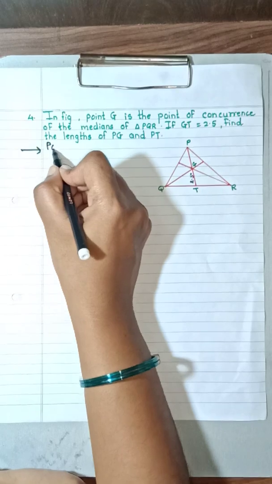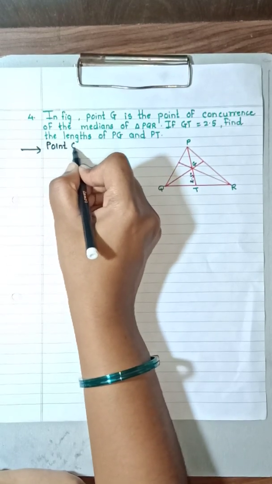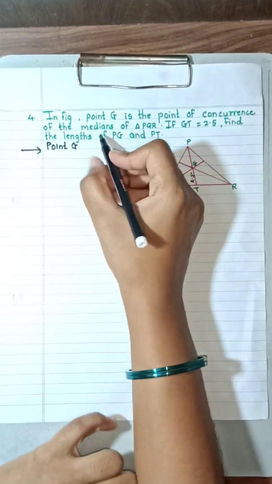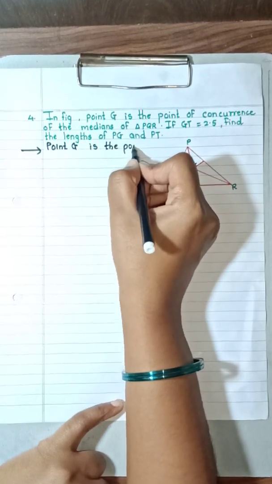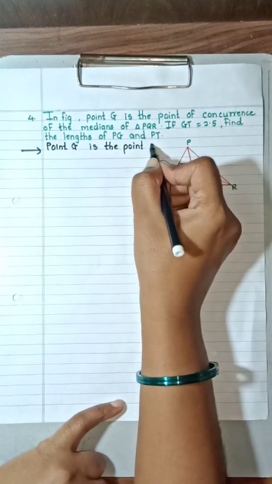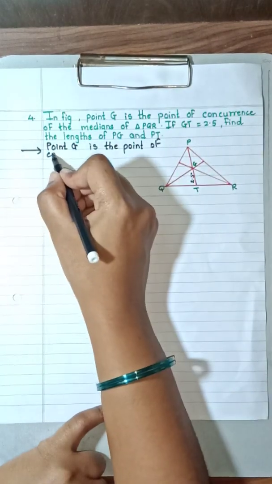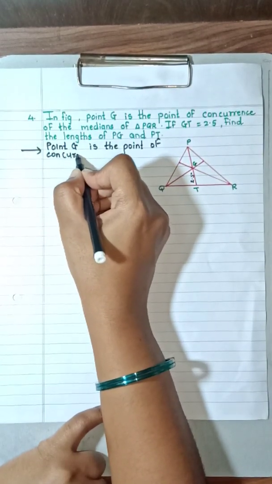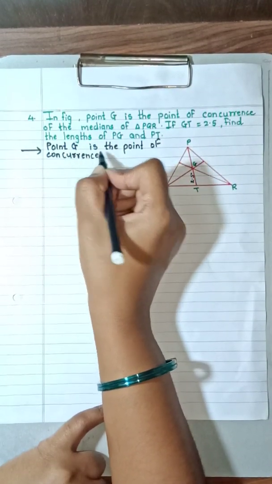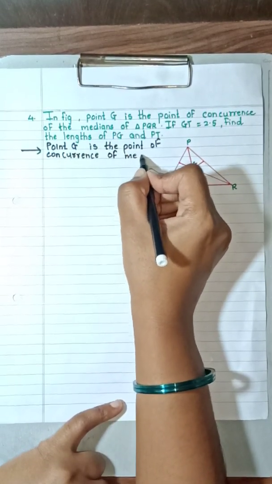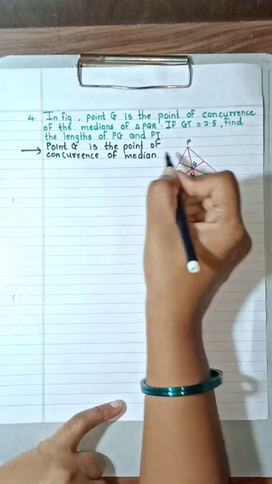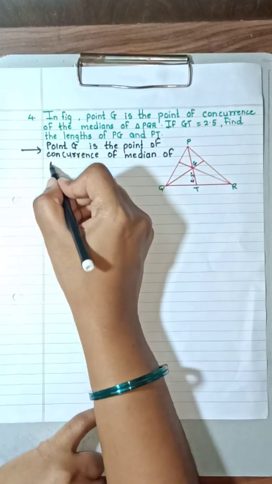You can write down here: point G is the point of concurrence of medians of triangle PQR.